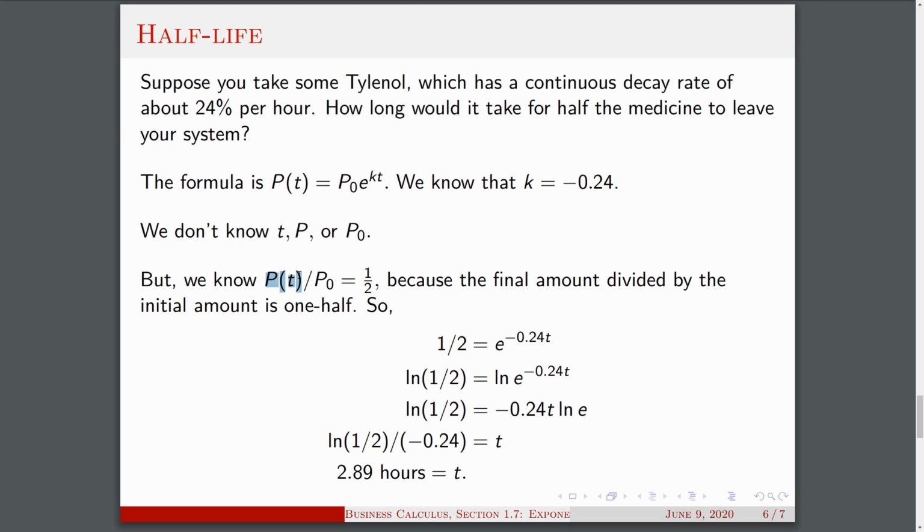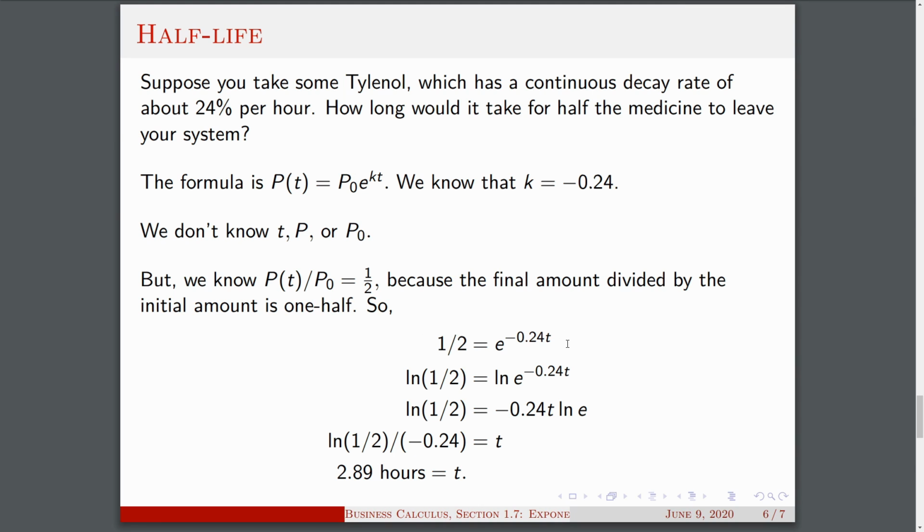So I do know that the ending amount divided by the starting amount is 1/2. Right? That's what it means for that ratio to be 50%. It equals 1/2. All right. So I will just pretend that I have divided by P naught on both sides of this equation. I end up with 1/2 equals e to the kt.